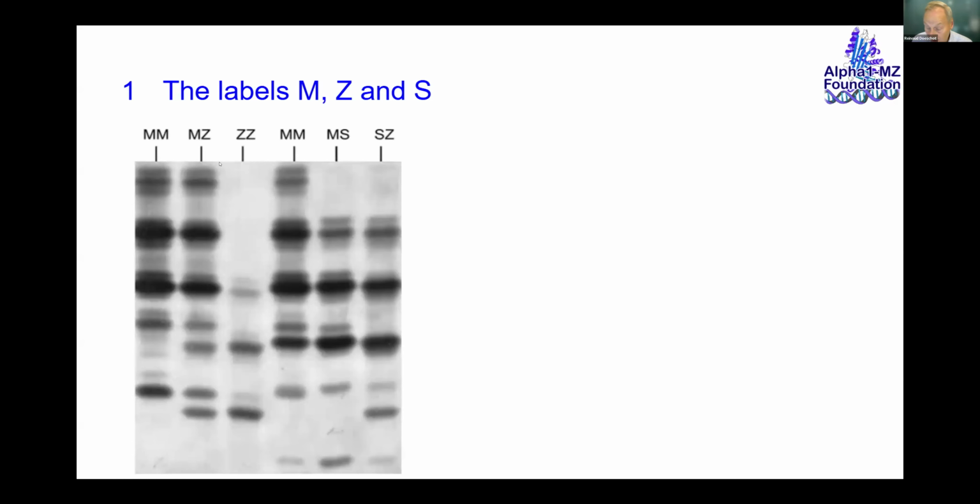Alpha-1 patients are familiar with the protein labels M, Z, S. M is good, Z is bad, and S is in between. These labels come from an older lab test called electrophoresis, where protein variants are separated in a gel and appear as different bands. You see them here, like lines on a barcode.